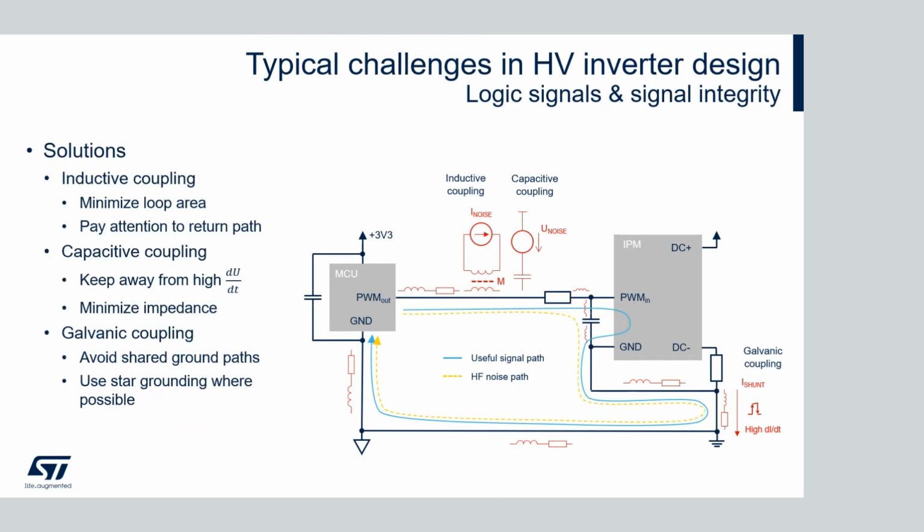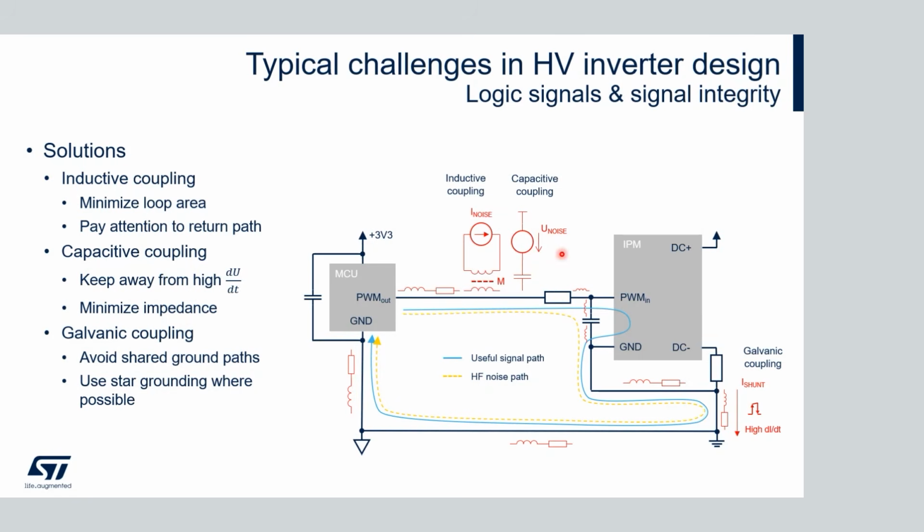So what can we do against this? Well, in the most simple case, it will be just adding a filter that shunts away most of the high frequency noise. That is usually higher frequency than the control signal you're trying to pass to the IPM, which can still pass through the filter, mostly unattenuated. This is mainly a fix for a problem that shouldn't be there in the first place.